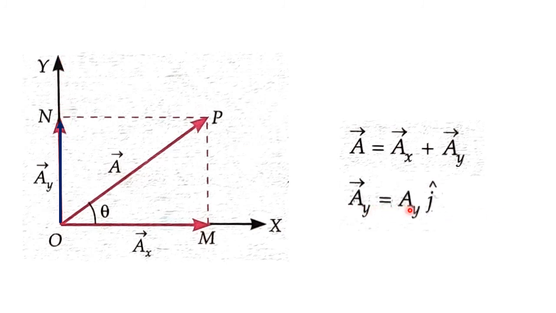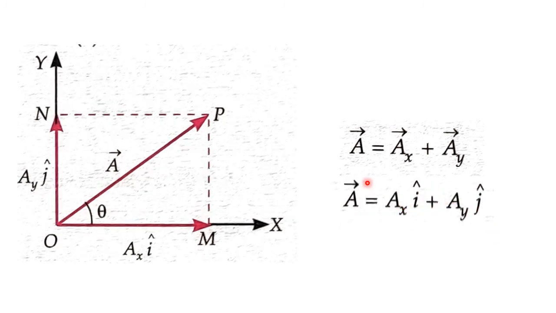So Ay vector equals Ay times j cap. Therefore, I can write my A or my resultant vector as Ax I cap plus Ay j cap. Fine. Ax I cap plus Ay j cap.